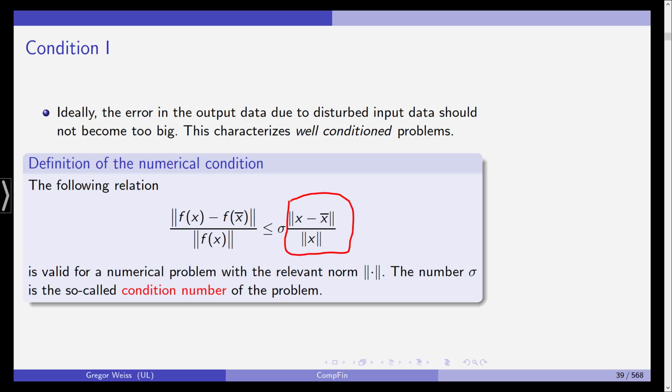So the input data is off by 20%. The question now is, if the ideal result is, let's say, 7, do we get a result that is 7? Do we get 7.14? Do we get 7.20? Do we have a relative error of 20% or maybe 10% or maybe 50%?